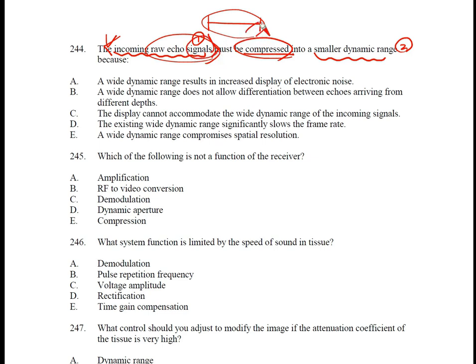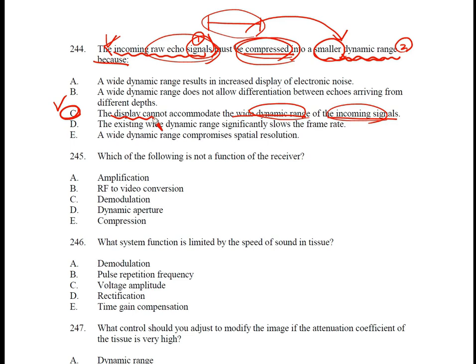In order to convert the signals here into an image, you need to change them to a narrower dynamic range so that they can be displayed. Therefore, the reason compression is necessary is best explained by choosing option C. In the case of the incoming signals here, they have such a wide dynamic range that they cannot be displayed, which is why compression is necessary. You can summarize it this way.